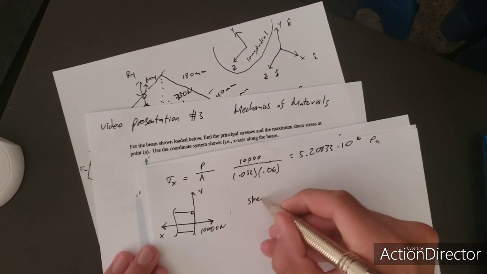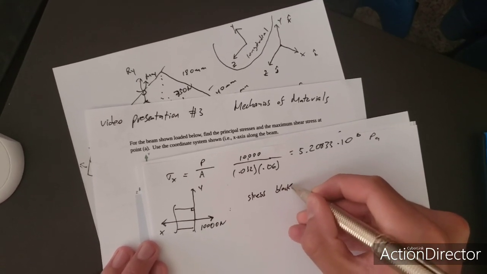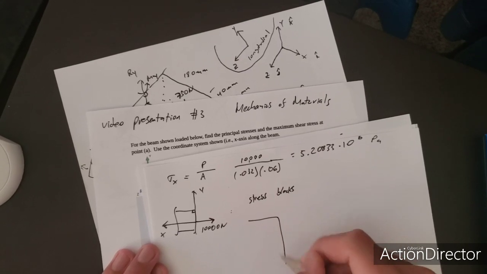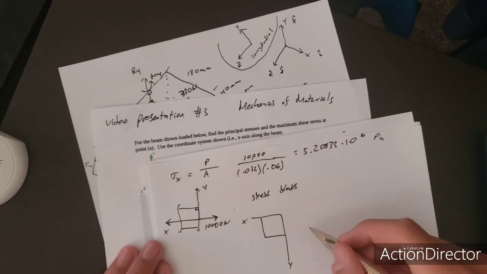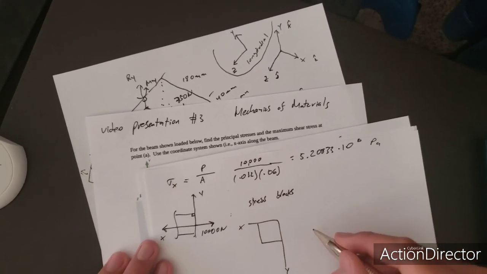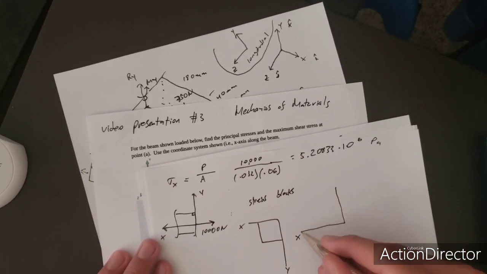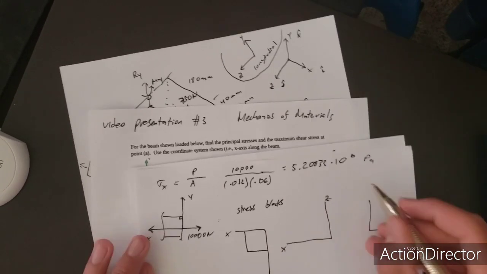And by convention, you have 3 stress blocks: this is the XY plane, this is your stress block, the block that the stress is being applied on, this is the XZ, and this is the ZY.